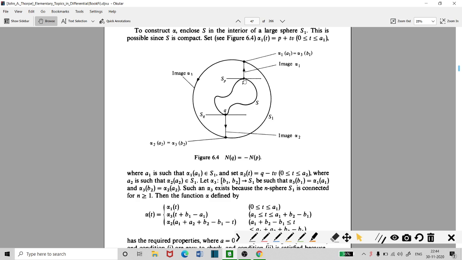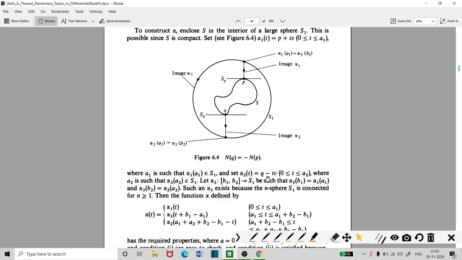Then we move from this p along the direction of v, and you can get a point a1 such that alpha 1 of a1 belongs to S1.